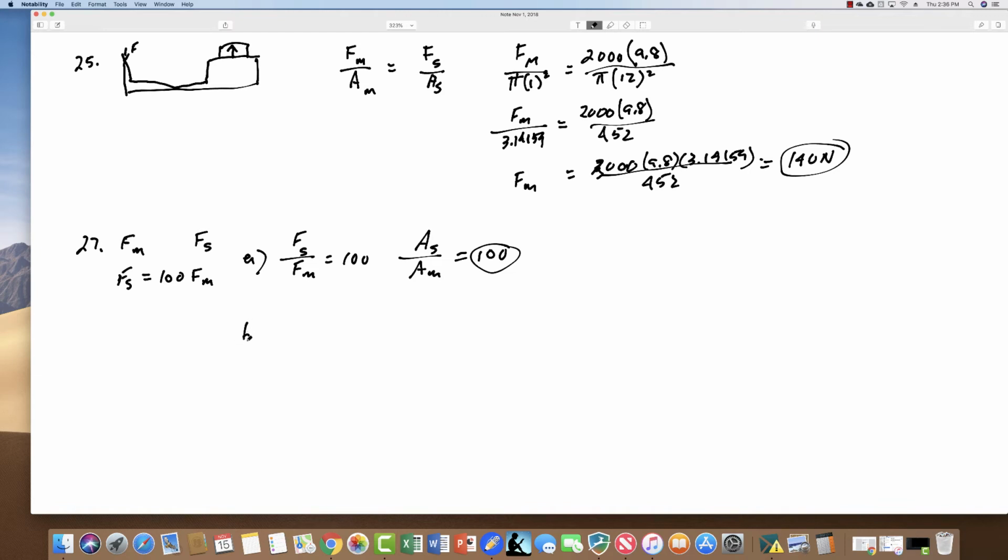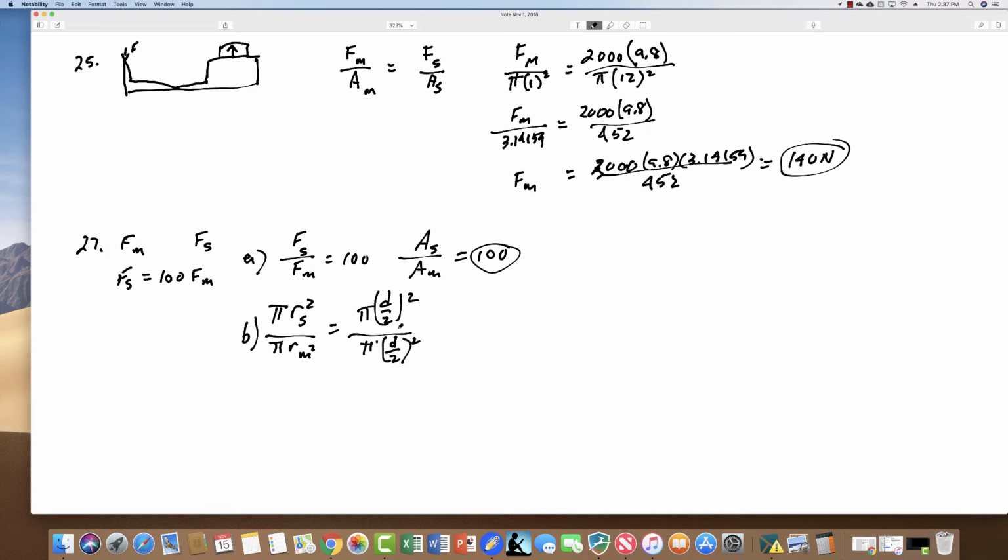The second question is, what is the relationship of their diameters? Well, we know that the area ratio is going to equal pi r of the slave squared divided by pi r of the master squared. And we know that r is d over 2, so pi times d over 2 squared.